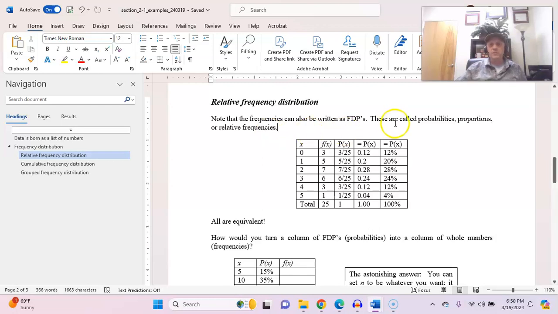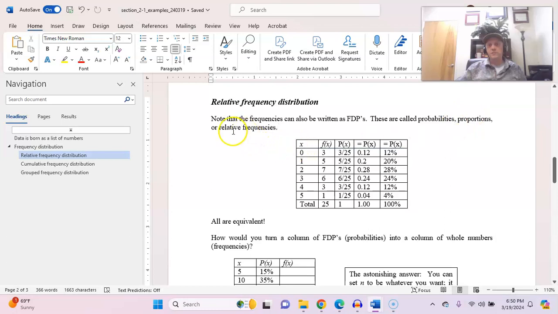Okay, so these are, again, whether we write them as a fraction, a decimal, or a percent, these numbers are all going to be less than 1 now, because each one of these categories basically is less than the whole list. And we now call them capital P, which we can think of as either probabilities or proportions.